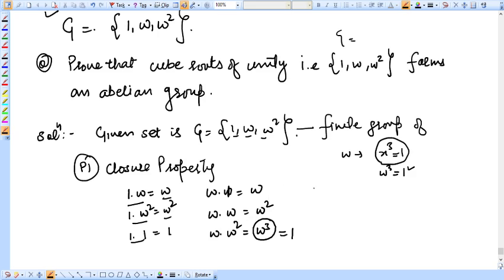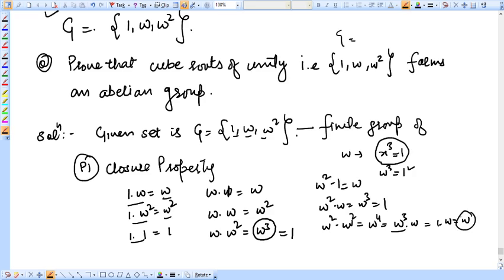So obviously omega into omega square is part of G. Now next you see, omega square into 1 is equal to omega. Omega square into omega is equal to omega cube, which is equal to 1. Omega square into omega square is equal to omega 4. Omega 4 can be written as omega 3 into omega, which is equal to 1 into omega, which is equal to omega, right?